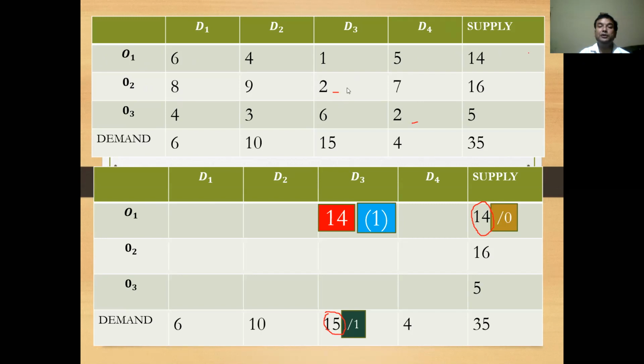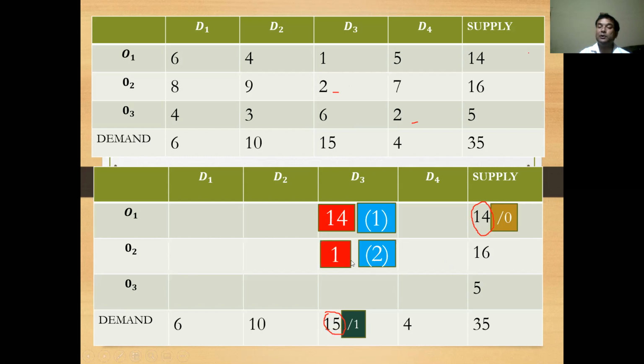Now we have to see the number of possible items that can be supplied to destination 3 from origin 2. The requirement is 1 and the availability is 16, so we can give a maximum of one item.